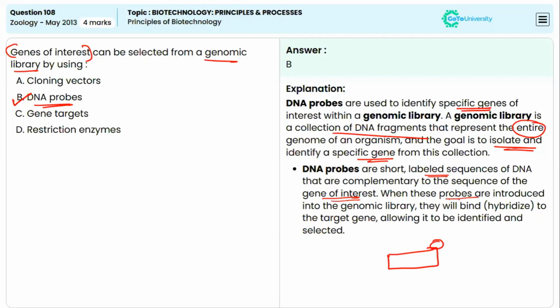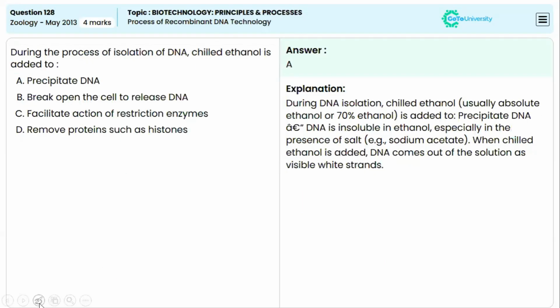When these probes are introduced into the genomic library, they will bind to the target DNA, allowing it to be identified and selected. Suppose this is the gene of interest and we add a particular DNA probe which is complementary to it and labeled, so that means it will be emitting some kind of fluorescence so that we can identify the gene of interest. Got it? Done. Moving to the next question.